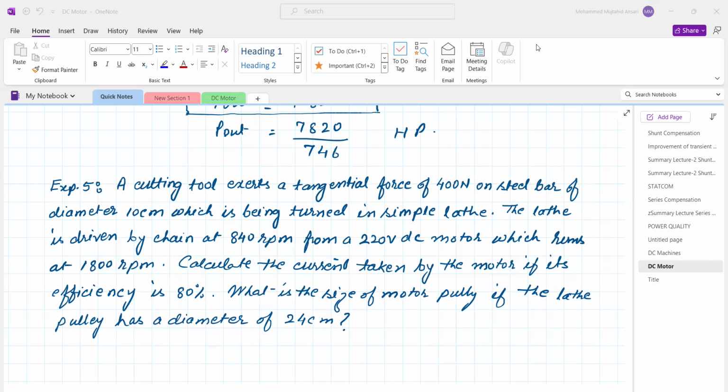So the example says that a cutting tool exerts a tangential force, means the tangential force over the circular part.